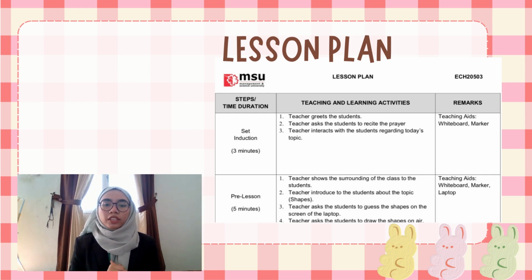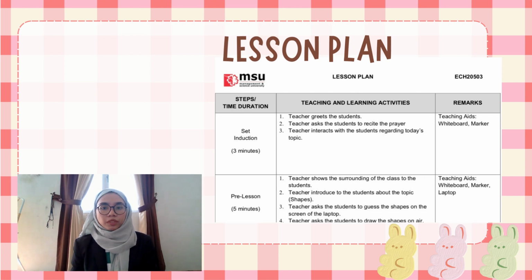The content standard is to produce structures based on shapes commonly found in the environment and make various structures according to creativity. The learning standard is to recognize the shapes of cuboids, cubes, pyramids, and spheres, and make very strong and stable structures using various materials according to creativity.